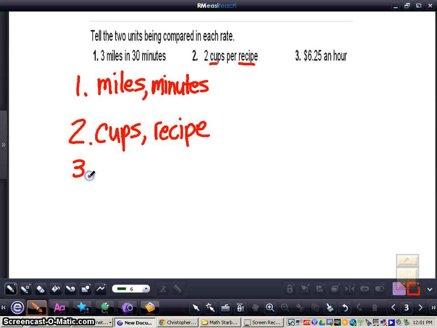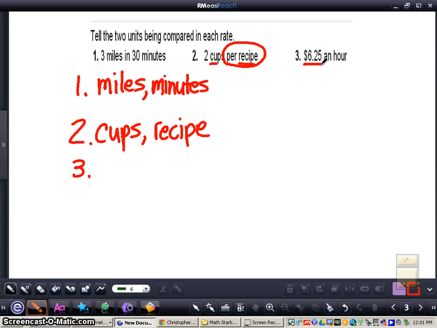Now number 3. $6.25 an hour. Number 3 and also number 2 are examples of unit rates. In other words, they're giving us 2 cups per 1 recipe, and $6.25 in 1 hour. That would be an example of a unit rate, but we're not trying to find that yet.